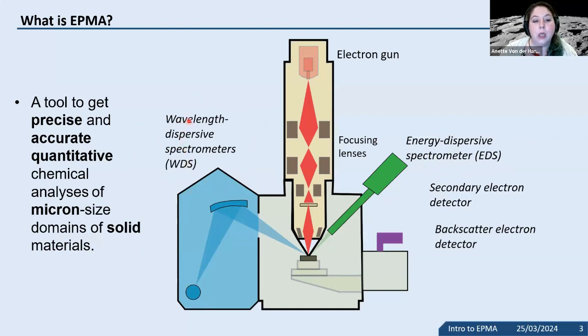This is really what makes a microprobe, having these wavelength dispersive spectrometers, and I will talk a little bit more about what their components are. In addition, we sometimes find cathodoluminescence detectors and also contamination mitigation or cleaning tools like a plasma cleaner.